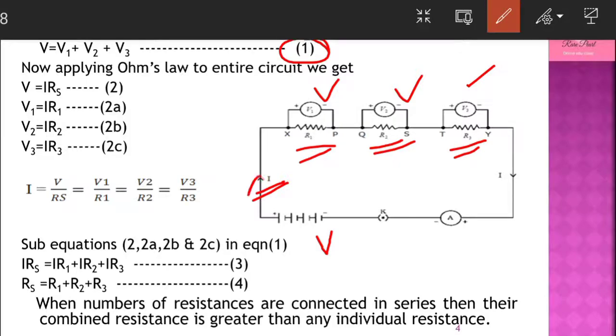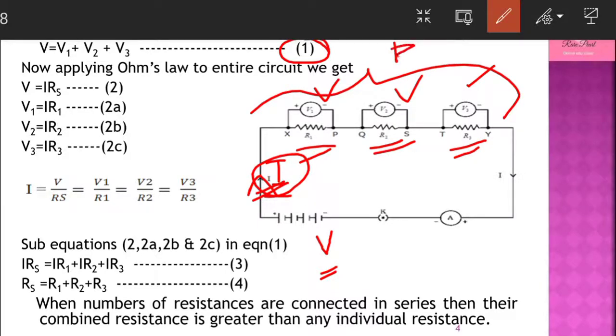And the current is the same throughout the circuit. So according to Ohm's law, we can write the total voltage V as the total current I into the total resistance Rs. That is this expression. According to Ohm's law, V is equal to I into R. In the same fashion we write for the remaining voltage drops.